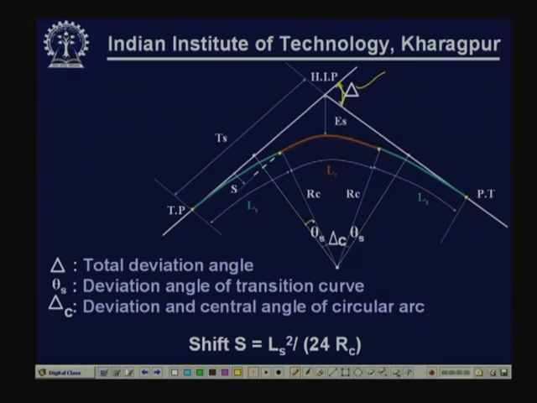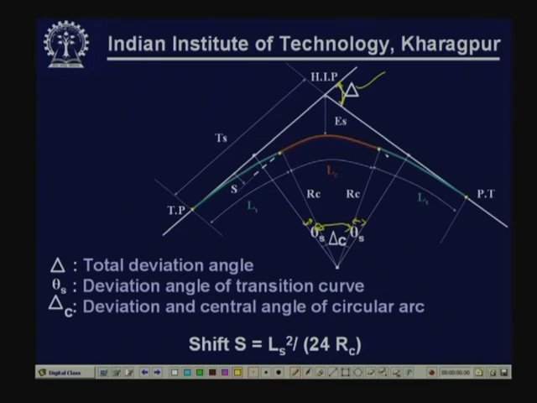This theta s here and also at this end, because the transition curve is introduced at both ends of the circular curve, is known as the deviation angle of the transition curve, whereas this angle delta c is known as the deviation and central angle of the circular arc. Remember that this red line is actually the circular arc. So, these are some of the elements of a combined transition curve and circular curve.